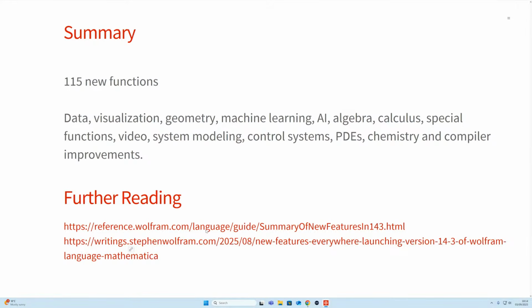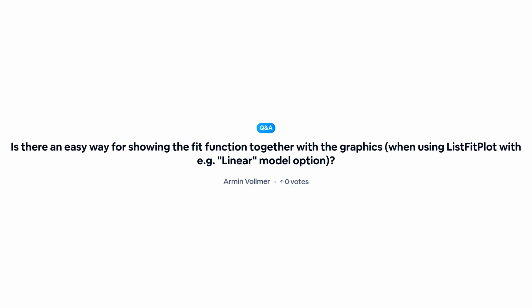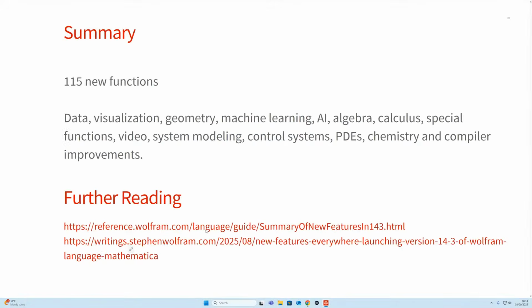Is there an easy way of showing the fit function together with the graphics when using ListFitPlot? So ListFitPlot can also take a fit function. The least-argument way of doing it is just to say ListFitPlot of data, but you can say ListFitPlot of data comma fitted model, and you can make it a two-step operation. You're still not having to worry about showing one plot with the other plot.